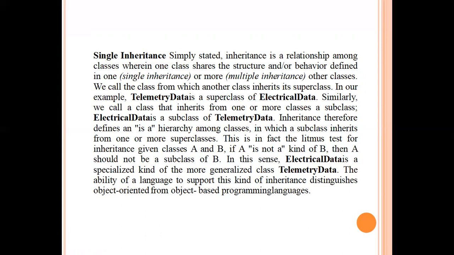There are two types of relationships: the first one is single inheritance and the second one is multiple inheritance. In single inheritance, a single class shares the structure and behavior of a single class. Suppose child and parent: the child shares the attributes and behaviors of the parent class.